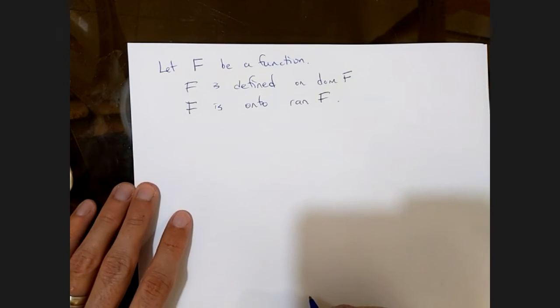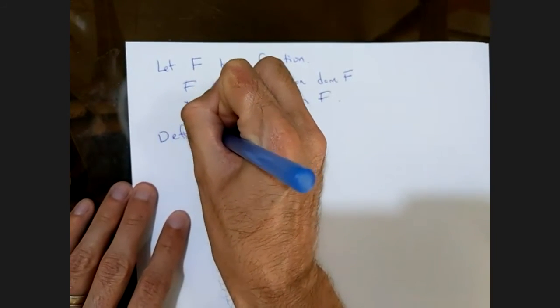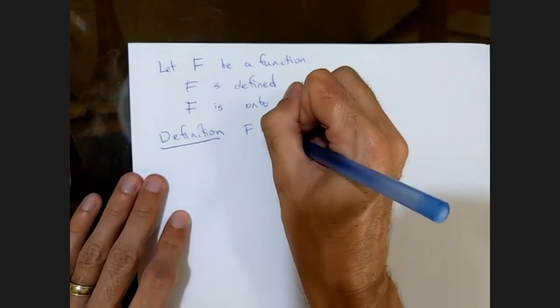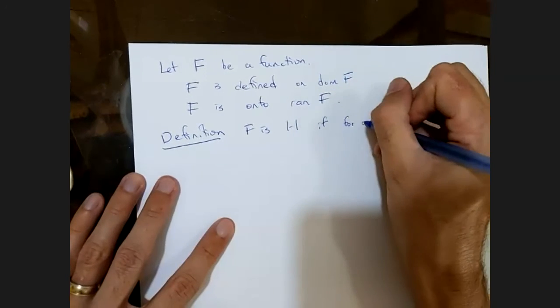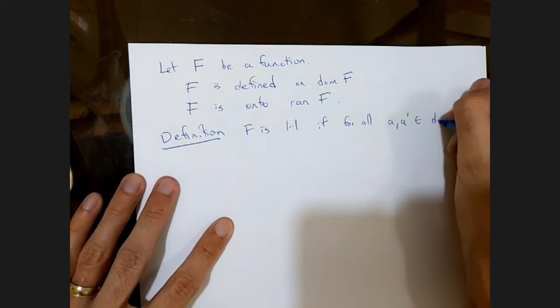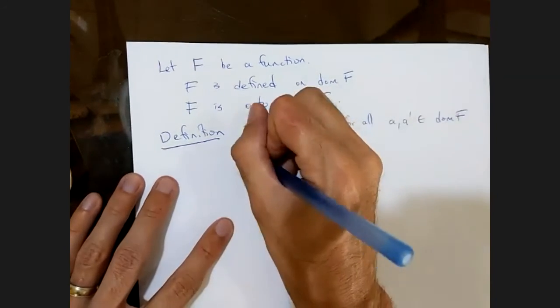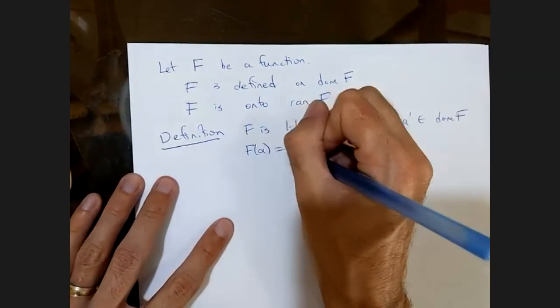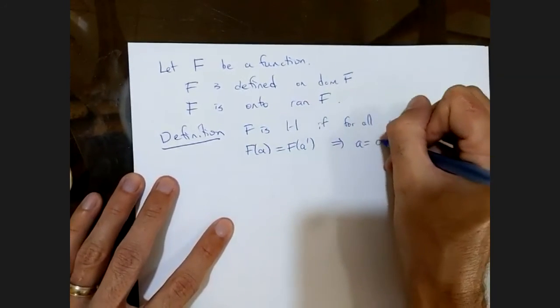I realized I didn't actually write down the definition of one-to-one, but I'll do that now. It's just the usual definition. F is one-to-one if for all A and A prime in the domain of F, F of A equals F of A prime implies that A equals A prime.